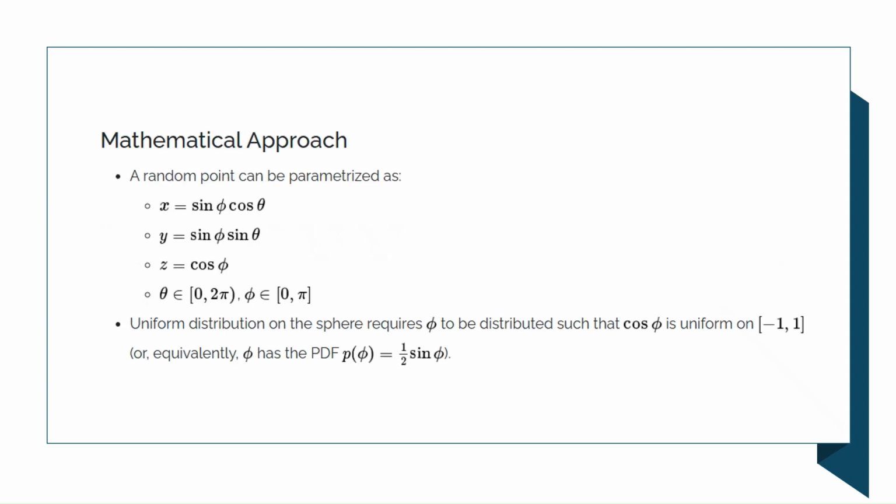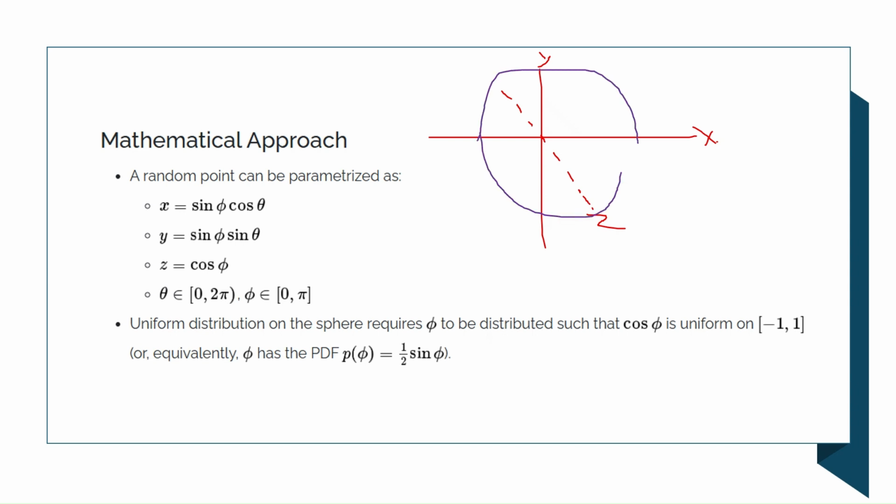So first, we'll write the coordinates of a random point in terms of the angle. So let's say this is our coordinates. This is y-axis, this is x-axis, this is z-axis. Now, let's say this is the circle, and let me try to see if we can make it three-dimensional.